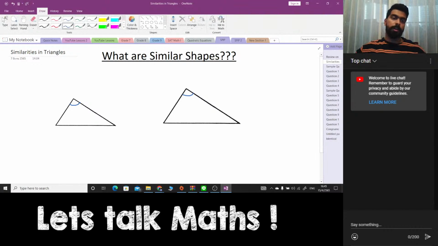All right, so before we talk about similar triangles, let's understand what we mean by similar shapes, guys. Let's say I have the word similar here. So this is the sign that we'll be using for similar in any polygons, all right?